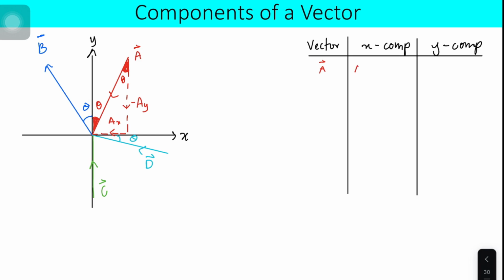So AX is negative A sine theta. Why is it sine? Take a look. With respect to this angle, the AX is actually the opposite side. So please remember this one.